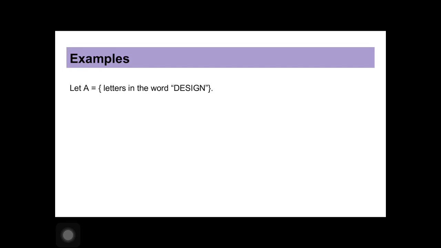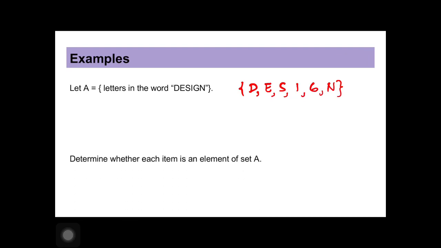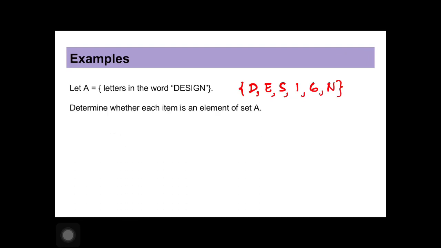So the letters here would be letter D, letter E, letter S, letter I, letter G, and letter N. Now, determine whether each item is an element of set A. E, of course, it is an element of A. Number 2, G, of course, it is an element of A. And number 3, {G, N} enclosed with braces, we will say not an element of A. So I hope this is clear.